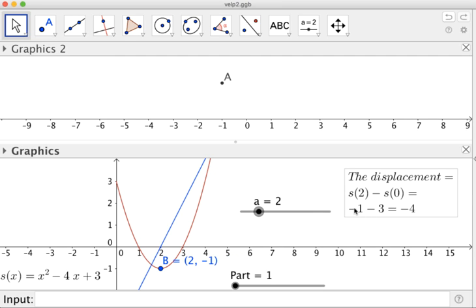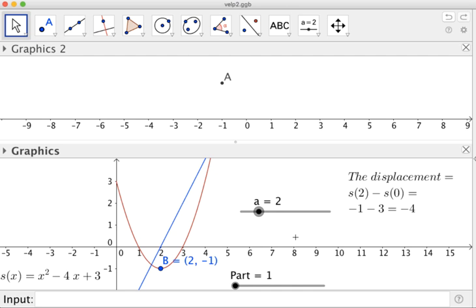So we moved from an initial value of 3 to a value at t equals 2 of negative 1, so the total displacement was negative 4.